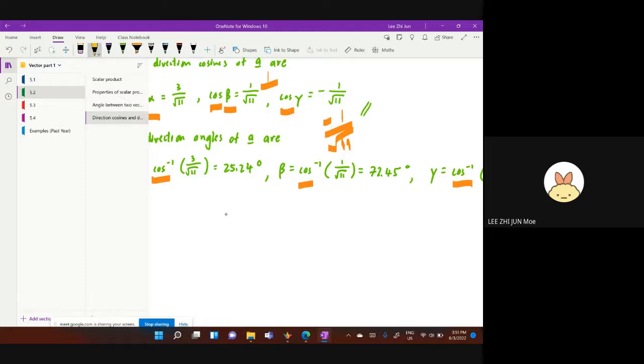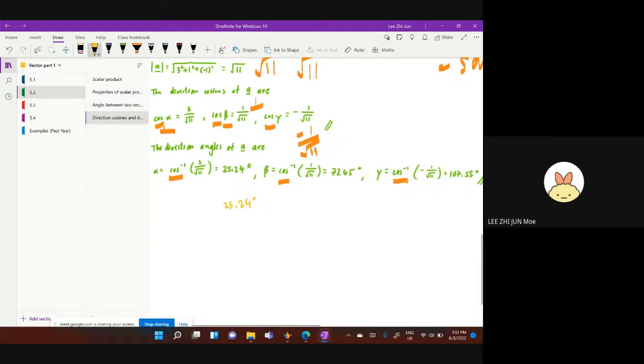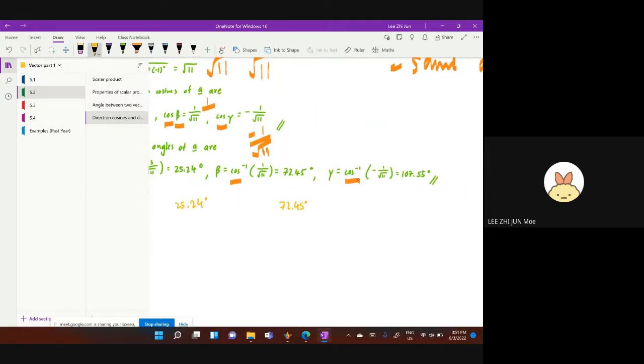For alpha I will get 25.24 degrees, beta 72.45 degrees, and for the last one, because it's negative, 180 minus 72.45, so I will get 107.55 degrees.